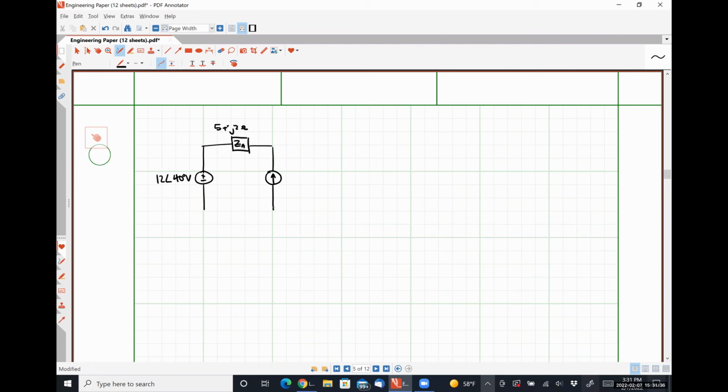A current source that is 1 angle negative 30 degrees amps. An impedance, which I'm going to call ZB, that will be 11 angle 15 degrees ohms.